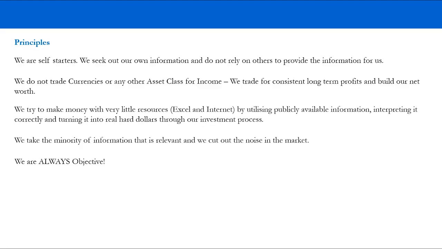By doing so, we're relying on the market volatility on very short time frames to pay us within a specific tradable set. So we just don't do that. We're self-starters. We know how the Forex markets work, and we seek to build our own net worth by using information that we get ourselves, not relying on others for the information, and building up our wealth and net worth in our trading accounts over time.